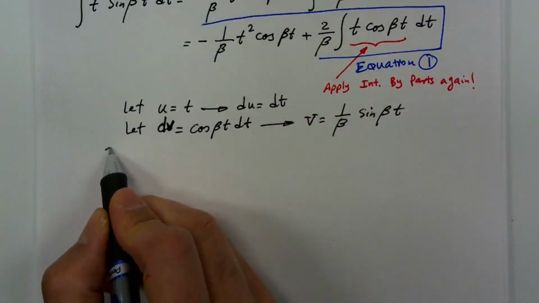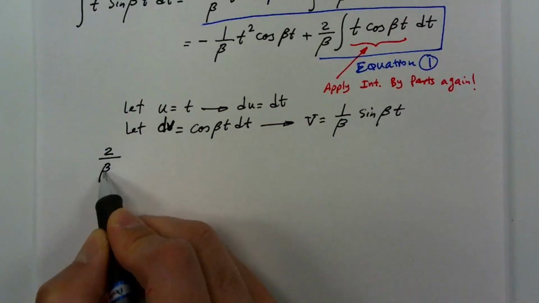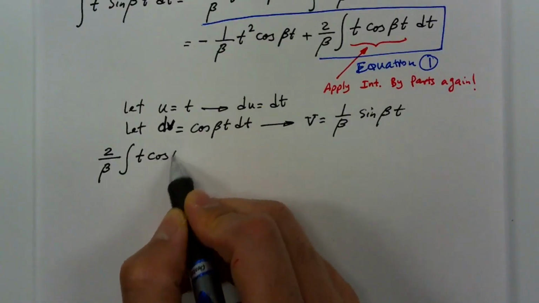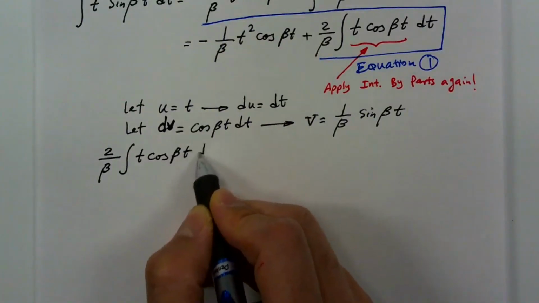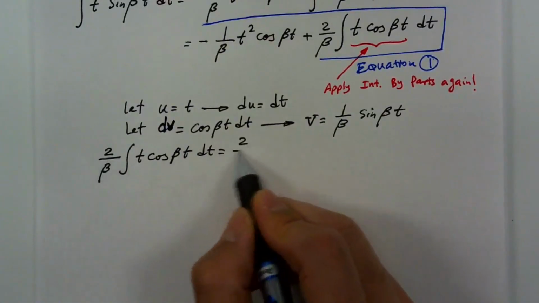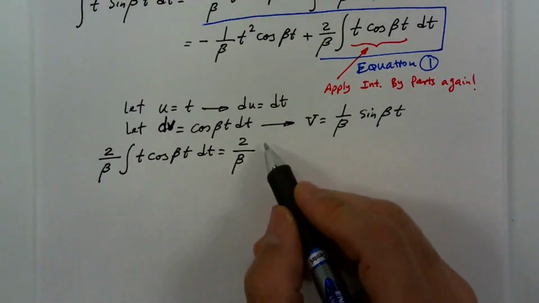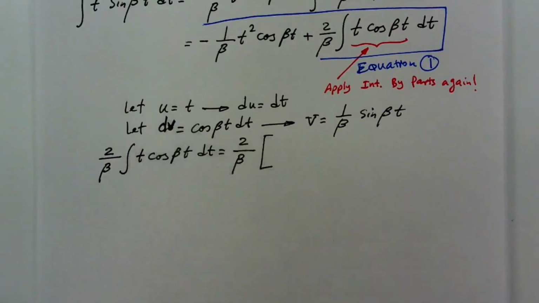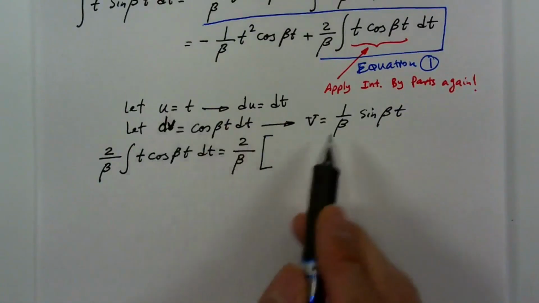We have 2 over beta integral of t cosine of beta t dt is equal to this 2 over this factor, 2 over beta, times, now we're going to construct the pieces of our integration by parts equation, which is uv.